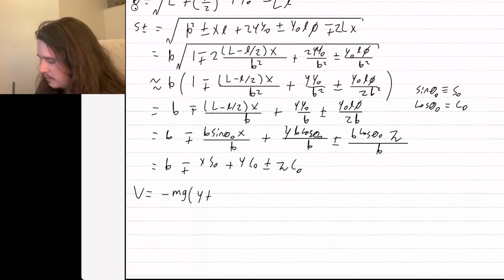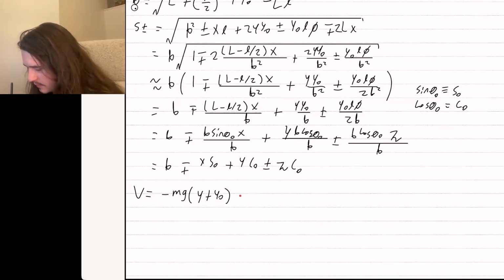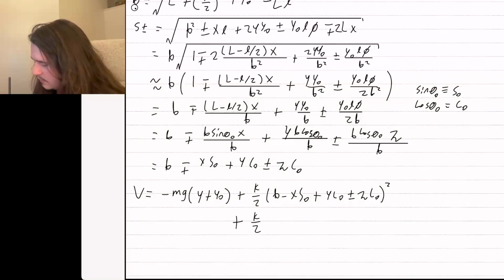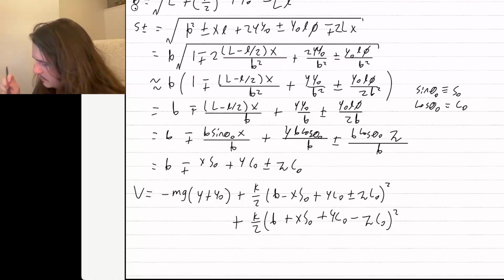I'm not going to care about converting that into B cosine theta naught, because just Y. And then this is plus K over 2 times the quantity B minus X S naught plus Y C naught plus or minus Z C naught, squared, and then minus, or plus actually, K over 2 times the quantity B plus X S naught plus Y C naught minus Z C naught, squared, and this should just be plus here.